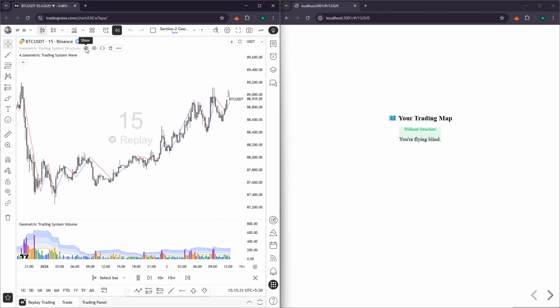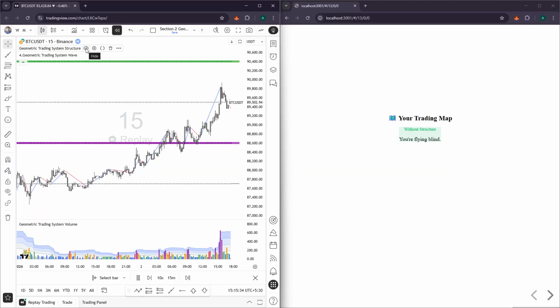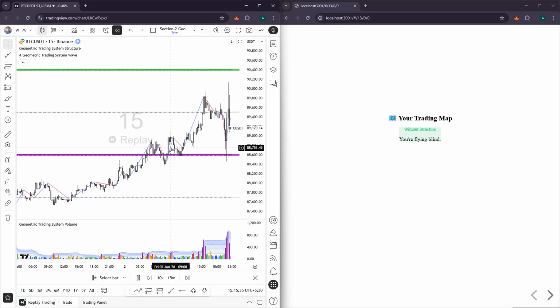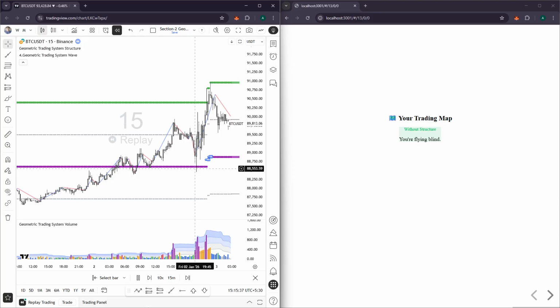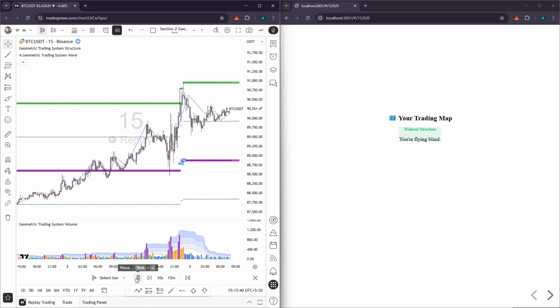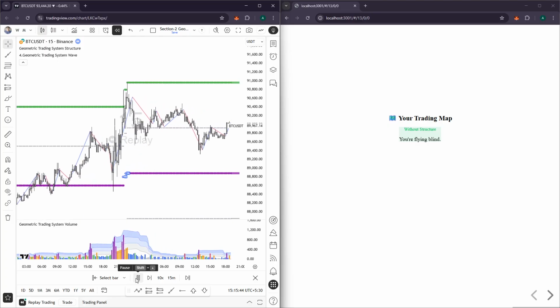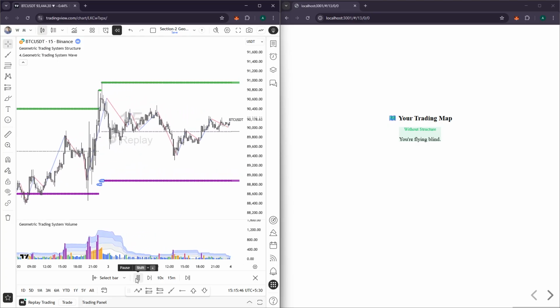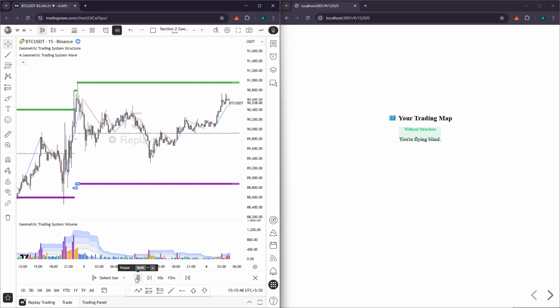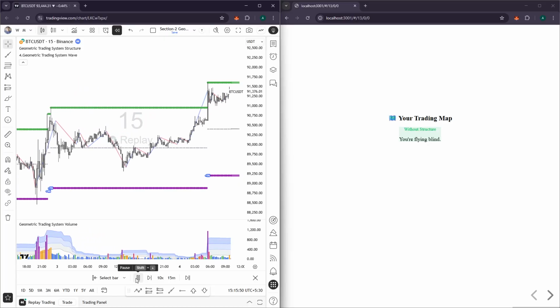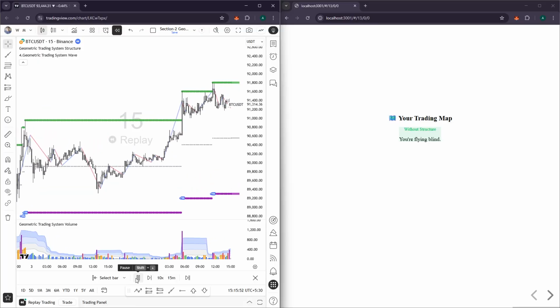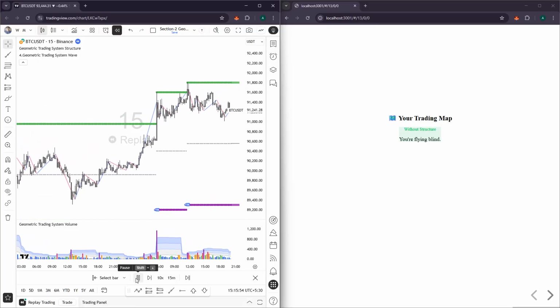Now, as soon as I enable it, boom, you see midpoint, then boom. So you would have taken that trade if you had this structure, this roadmap for your trading. Now you're not flying blind anymore. You have a structured plan here.